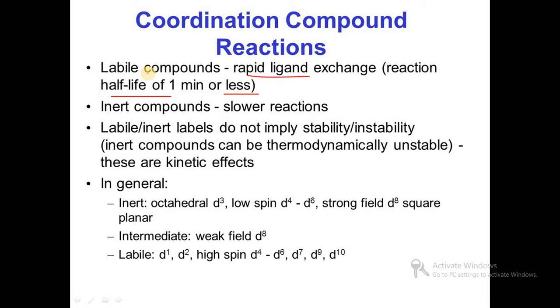In general, labile complexes are formed with sp3d2 hybridization, that is, outer orbital octahedral complexes.